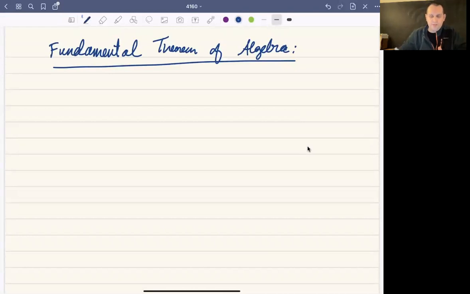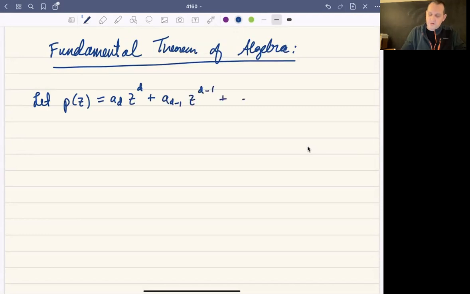So what the theorem says is let P of z be a polynomial of degree d. So what that means is that P of z is a quantity of the form a sub d z to the d plus a sub d minus 1 z to the d minus 1 all the way down to a1z plus a naught. Okay, where we need a few things here. We want d to be at least 1. We need a sub d to be non-zero.